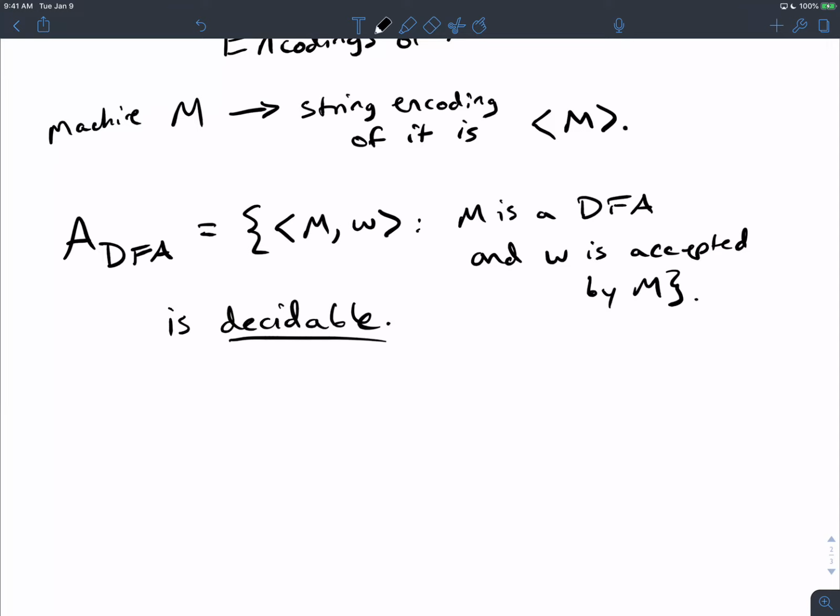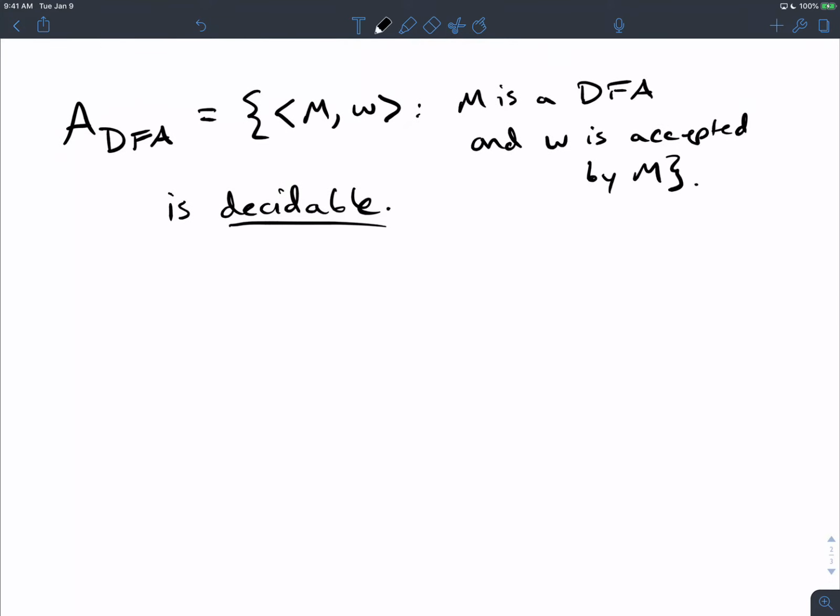So no matter what input it gets, it always stops at some point, and it says the right answer, obviously. So that's what decidable actually means, and that's what we showed last time. Why is this language decidable? So how did we show that?